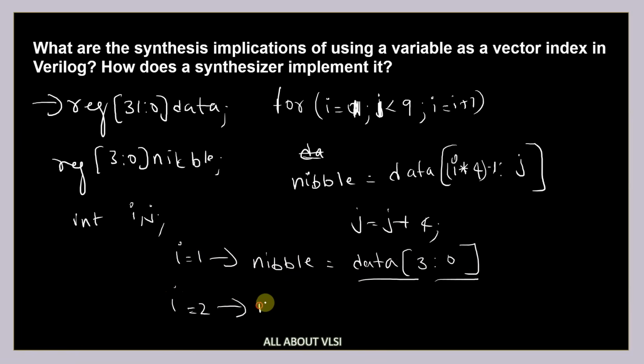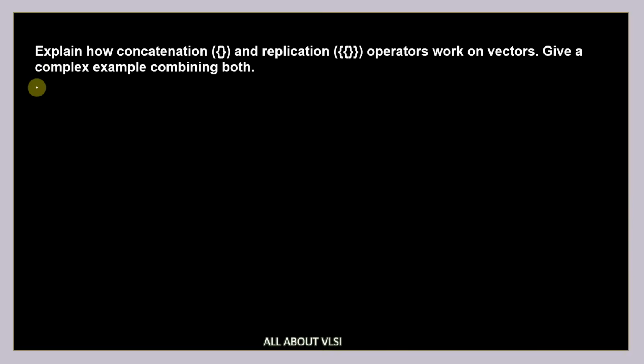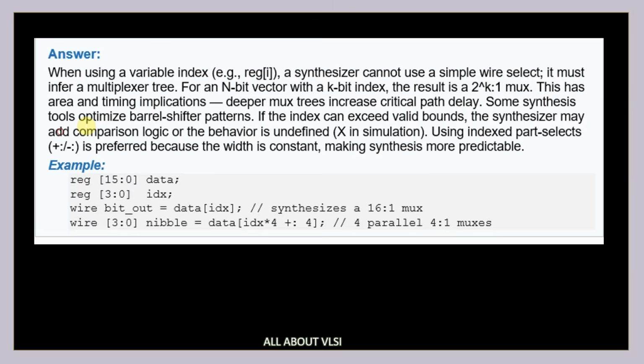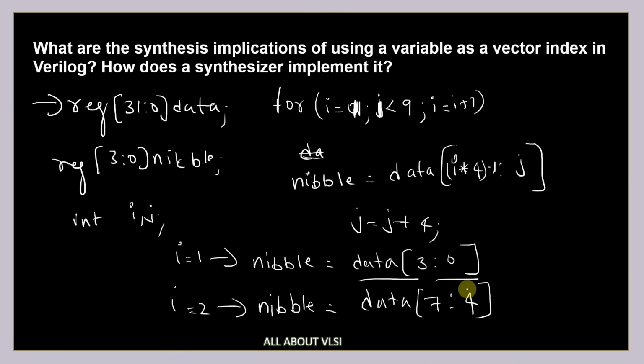So i is equal to 2, nibble is equal to data of 2 into 4 is 8, minus 1, 7, down to 4. Next, when your i is equal to 3, the j value is now incremented to 8.